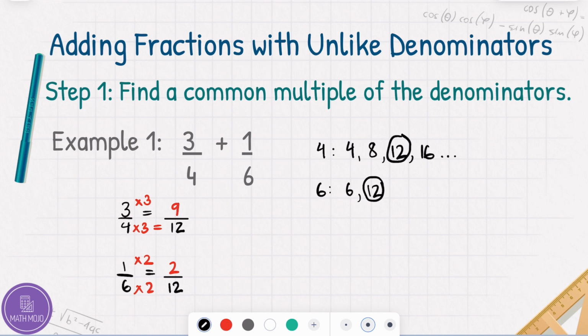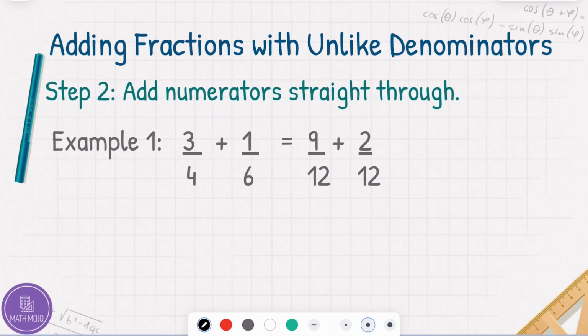Then we can rewrite our question just like this: 9 over 12 plus 2 over 12. Now step 2 is we just have to add the numerators straight through. So 9 plus 2 gives us 11. So our final answer will be 11 over 12.